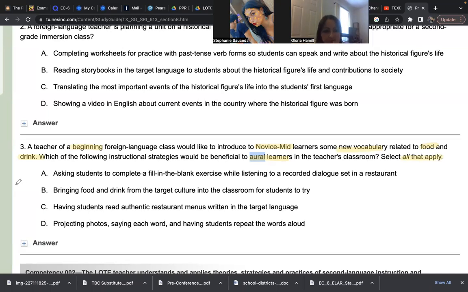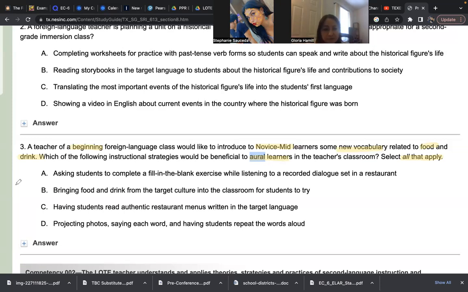Read through these and tell me, is there any speech or listening involved? She's asking students to complete a fill in the blank exercise while listening to a recorded dialogue set in a restaurant. So that's listening.